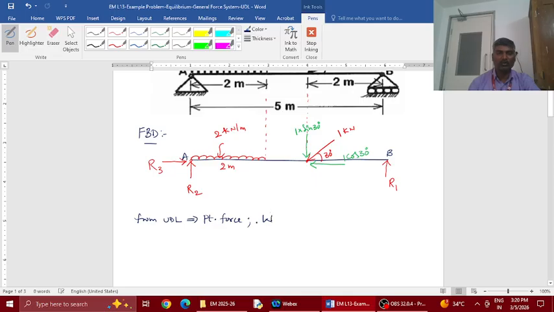Let us say the total load value is W. Small w is the quantity of this distributed force multiplied by the length of that UDL. So this small w is 2, acting for 2 meters. So the total is 4 kilonewton, because the unit of w is kilonewton per meter, into the length unit of meters, so what you get is kilonewton.